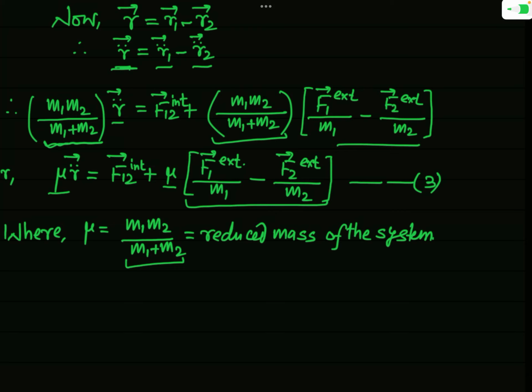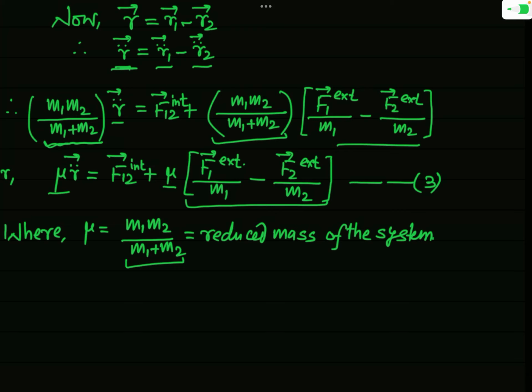Now this is actually the equation from where you can see that we can deal with the motion of a two body system in terms of the motion of a single body system. But how?